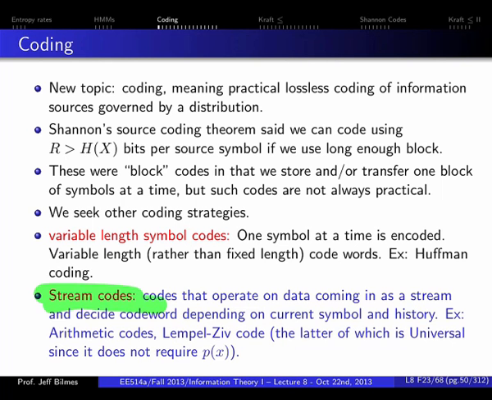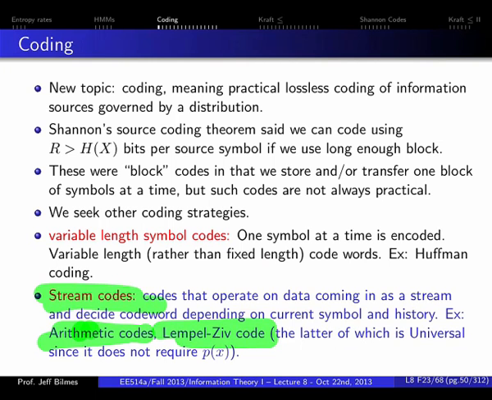You still want to compress, because you don't want to send more bits than necessary, but at the same time you don't want to suffer from the latencies associated with long block codes. Some examples of these, which I think we'll talk more about, are arithmetic coding next quarter, or maybe this quarter.